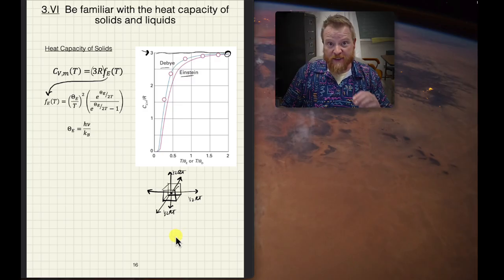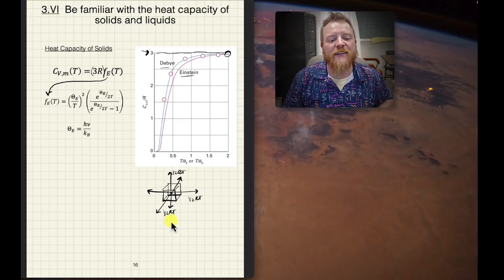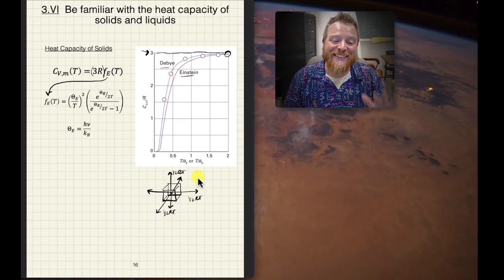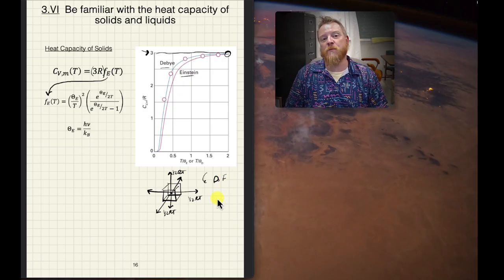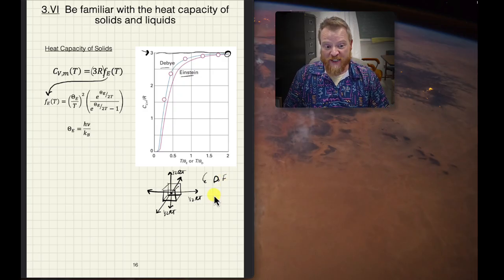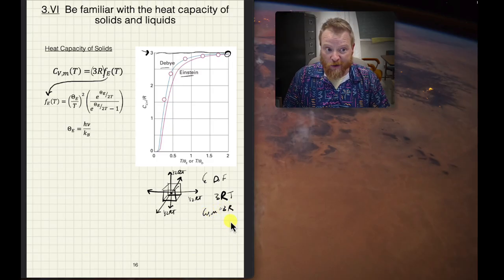That's because in a solid lattice, it has nearest neighbors. So as it turns out, this gives us 6 degrees of freedom, each of which being 1/2 RT. So 6 times 1/2 gives us 3RT for the internal energy, and thus the heat capacity idealized is 3R.